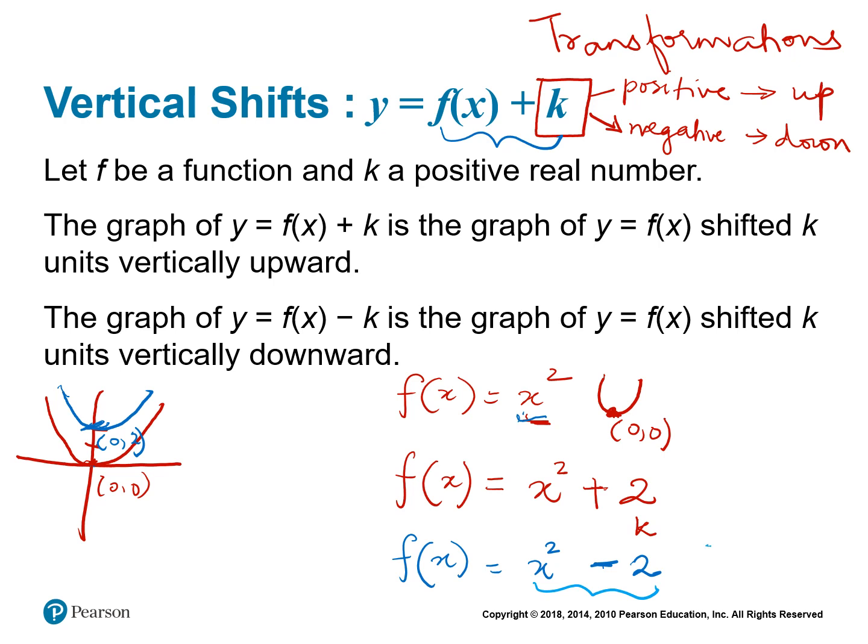I'm going to write it as x squared plus minus 2, and that value is the value of k. That means it slides down 2 units along the y-axis. So if this is -1, this is -2, it slides down. The vertex is now located at 0, -2.